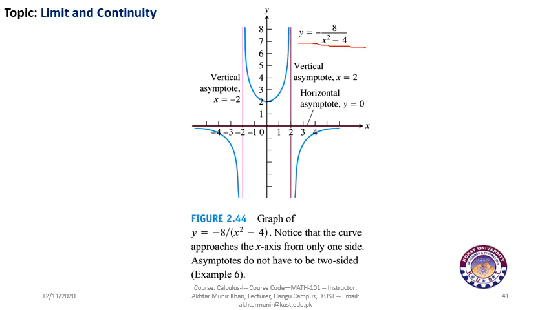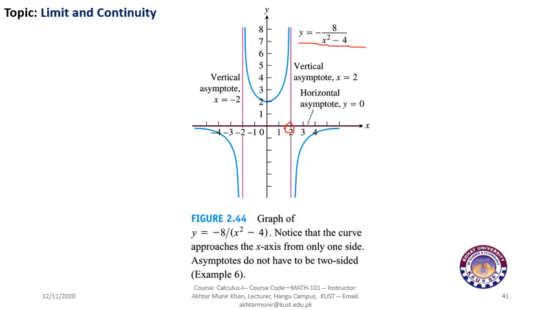It can be seen here. For instance, putting x equals 2, we get minus 8 divided by 2 square, which is 4, minus 4. Surely something divided by 0 equals infinity. So the limit of the function at this point goes to infinity.